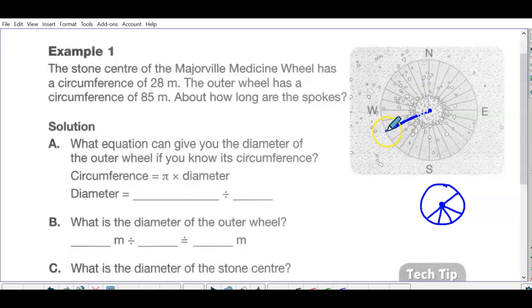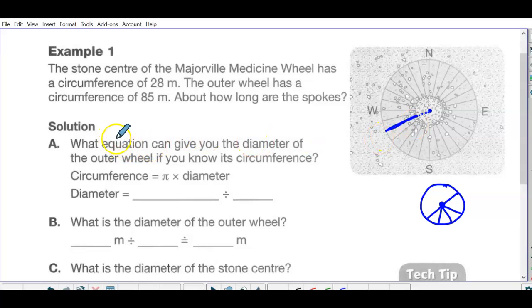If we can figure out the entire distance and subtract the dotted, then we'll get the solid part. So that's really saying what is the radius of the big outer wheel, what's the radius of the small inner circle, and then subtract them.